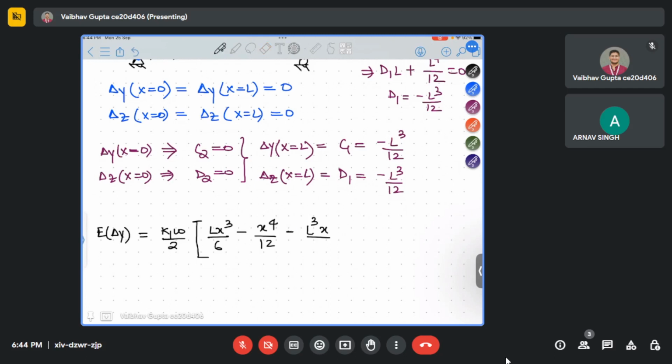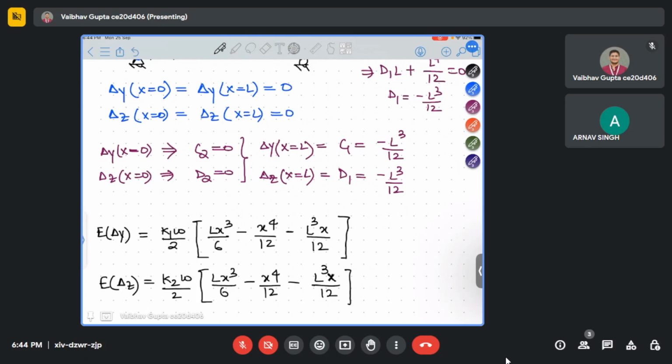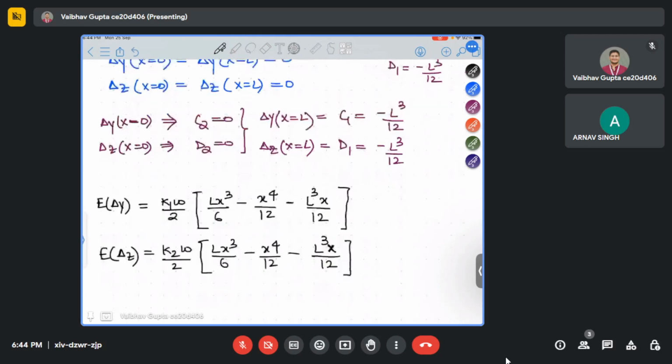I am putting in these constant values C1, D1, C2, D2. Okay, this is E delta y, and E delta z will become K2 W by 2 times (L x cube by 6 minus x4 by 12 minus L cube x by 12). Now this is the expression.